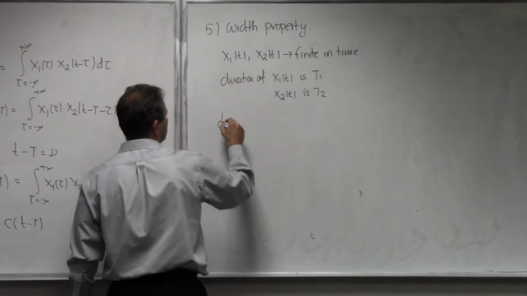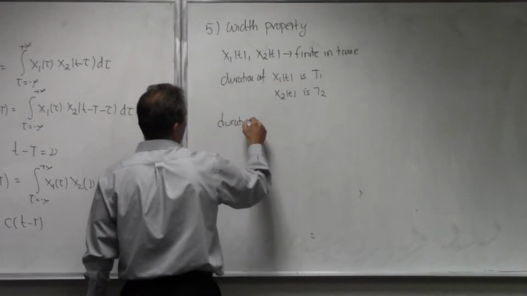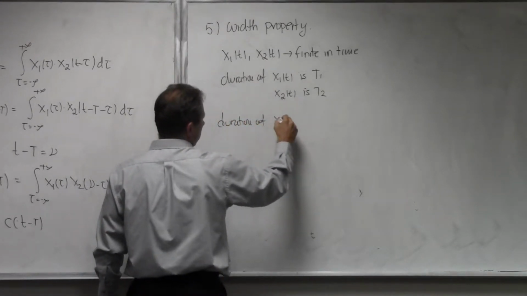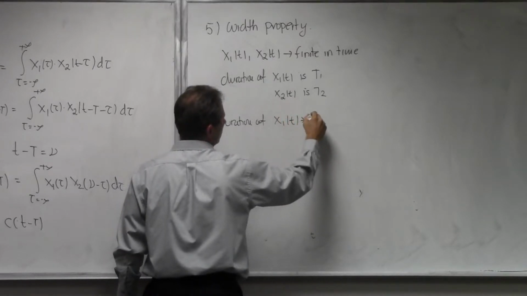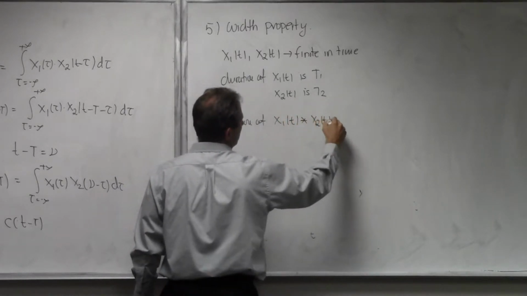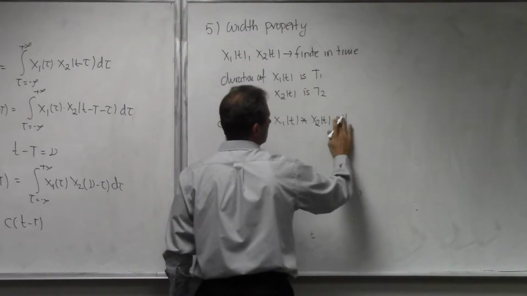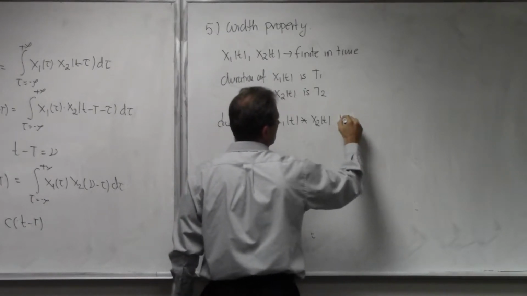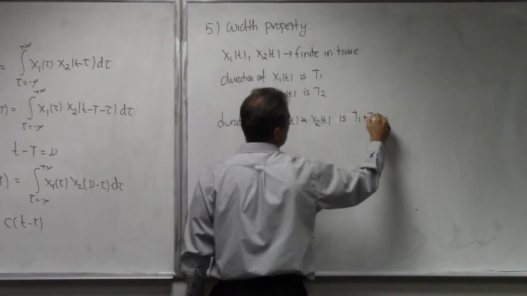Then the duration of x1 of t convolved with x2 of t is T1 plus T2.